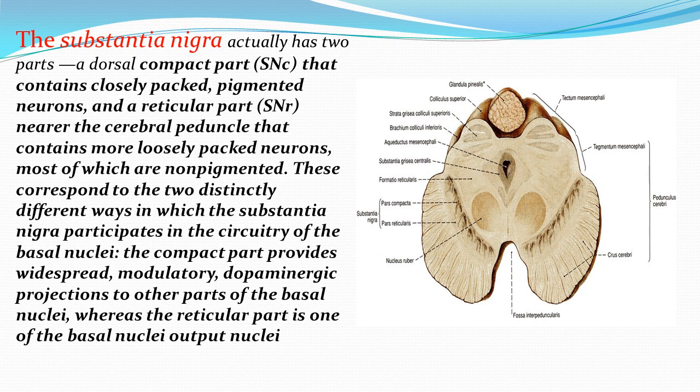Okay, these nuclei are functionally known as basal nuclei. What are the nuclei? Caudate nucleus, putamen, globus pallidus, subthalamic nucleus, and substantia nigra. These five nuclei are functionally related, so they are known as basal nuclei.